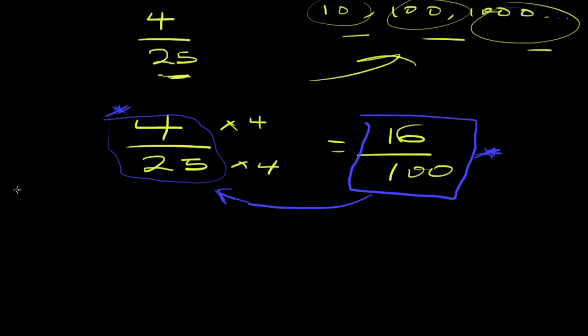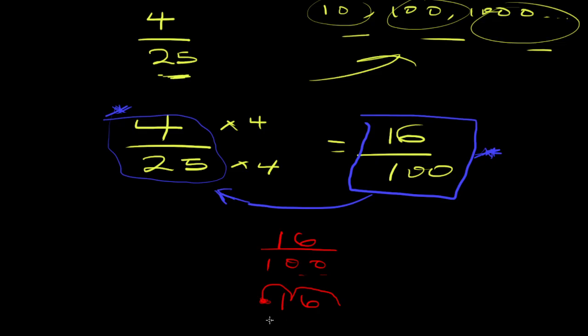So now let's go ahead and change 16 over 100 to a decimal. It's the same method that we've been using. Let's write our 16 down. How many zeros do we have here? We have 2 zeros. So we're going to jump 2 times, and then our decimal point is going to be here.